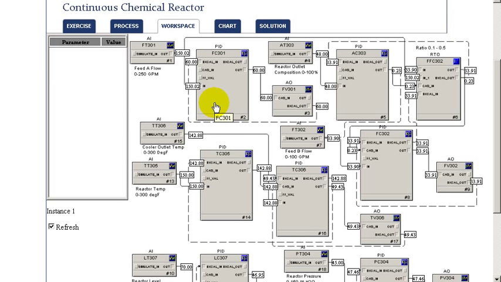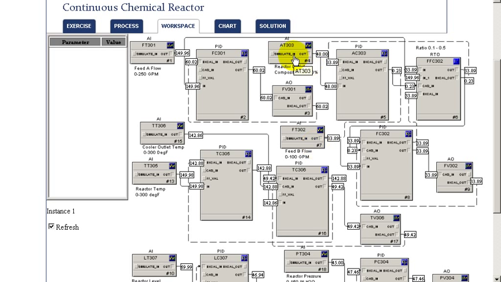In our workspace, we notice that the flow A is shown at the top, the primary flow that determines the feed rate to our reactor. Based upon that flow, that is an input to ratio control that then sets the target for feed rate B to the unit.